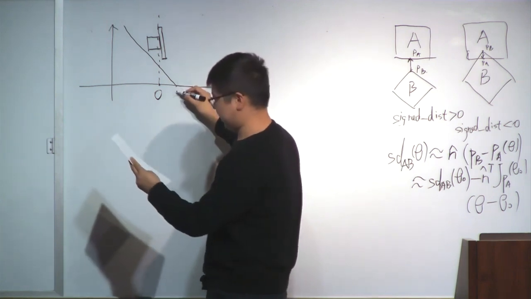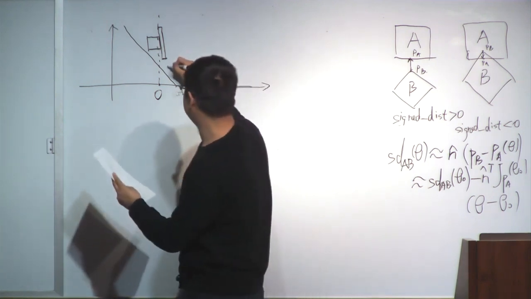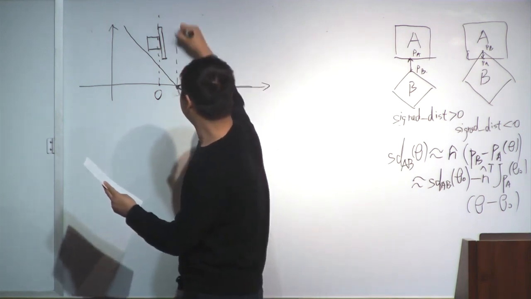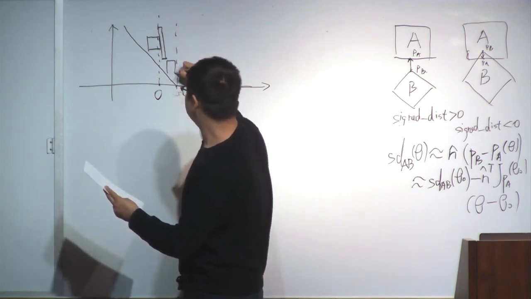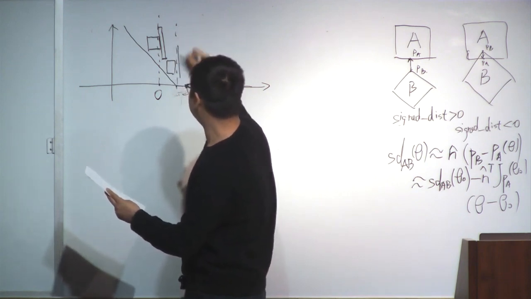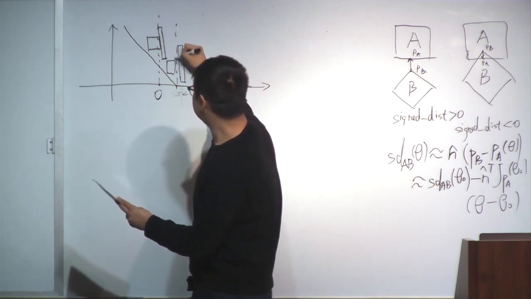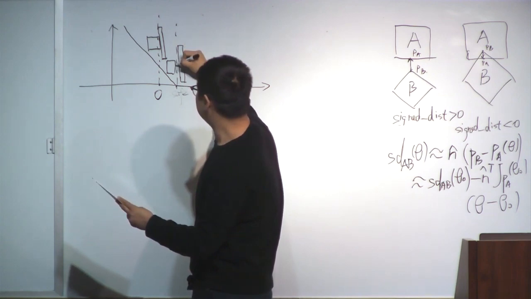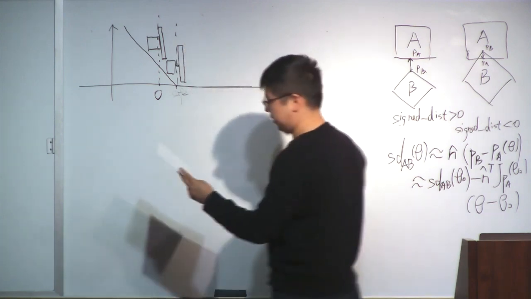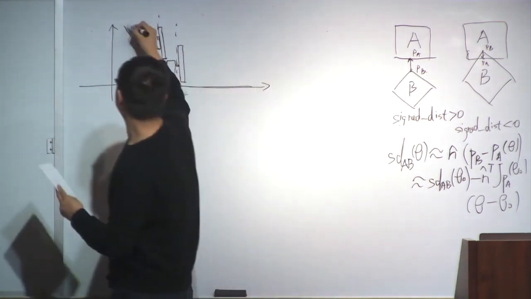At this safe distance point, this square and this rectangle have a positive safe distance between them.